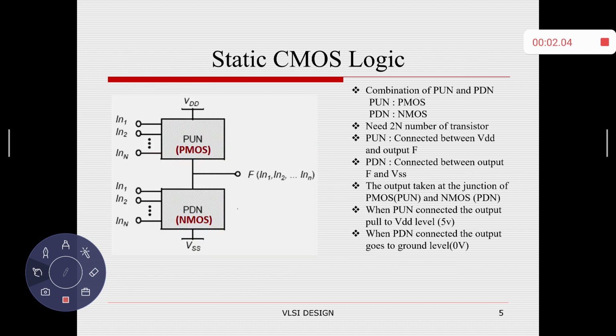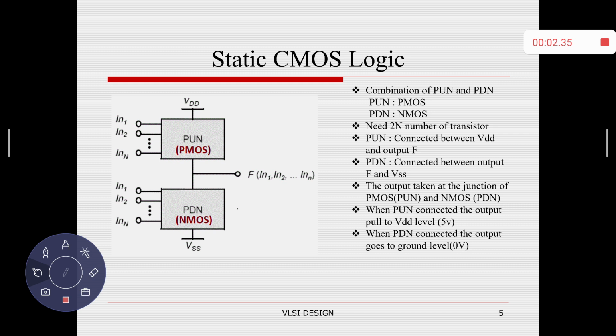First, let me explain what static CMOS logic is. Static CMOS logic consists of an array of pull-up devices and an array of pull-down devices. The pull-up transistors are an array of PMOS transistors, and the pull-down transistors are NMOS transistors. Why is the PMOS array placed at VDD and the NMOS at VSS? I gave this justification in my previous lecture.